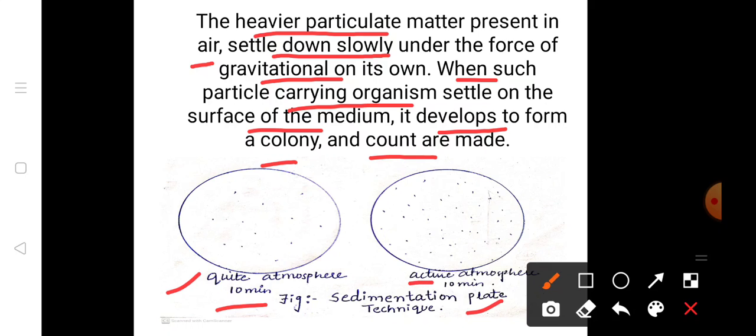The atmosphere was active, but the time was the same. For the same 10 minutes, two plates were exposed, one in the quiet atmosphere and the second in the active atmosphere. Obviously, where there is an active atmosphere the number of colonies will be more, whereas in the quiet atmosphere the number of colonies will be less, though the time is the same.